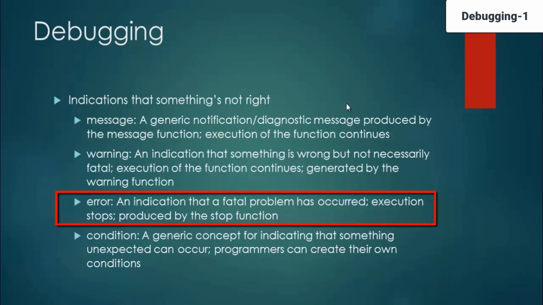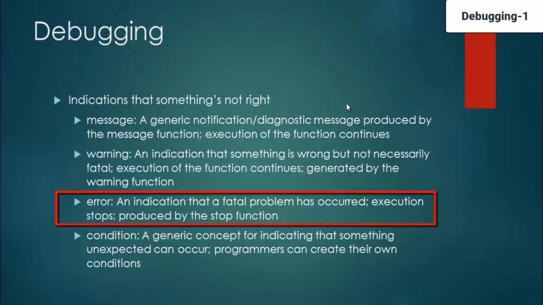And what is an error? Error is the next level to warning, which is an indication that it is a fatal problem, which means the program cannot run anymore, and the execution of the program stops, and which can be produced by the stop function. And the condition is either manually created, or it is automatically created by R also.